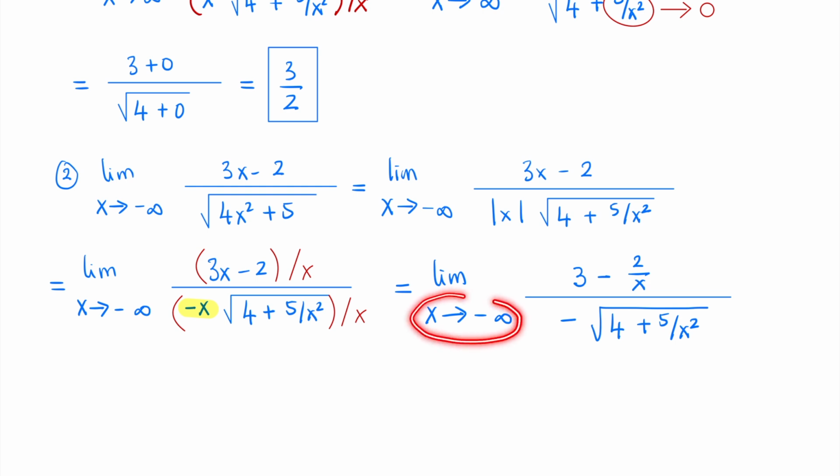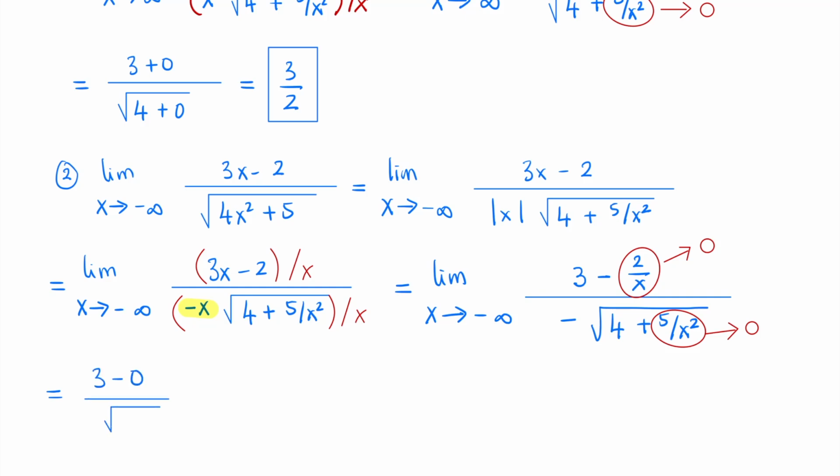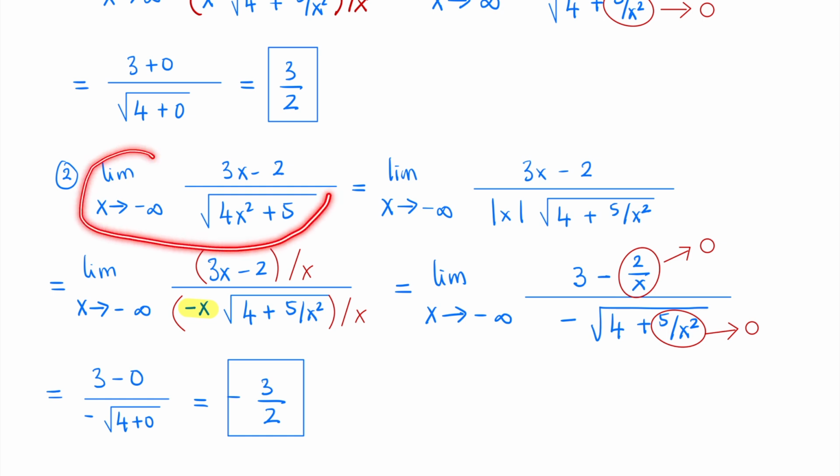As x approaches negative infinity, 2 over x approaches 0, and 5 over x squared approaches 0. So I have 3 minus 0 over negative square root of 4 plus 0, which is negative 3 over 2. So the limit of f of x as x approaches negative infinity is negative 3 over 2.